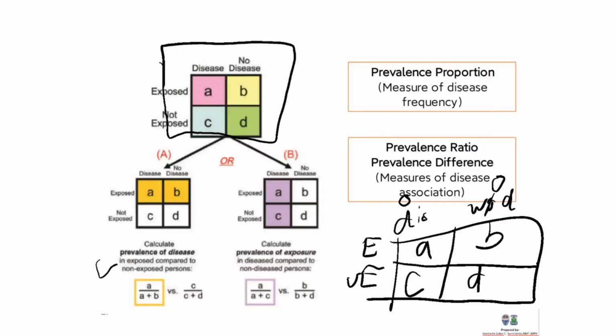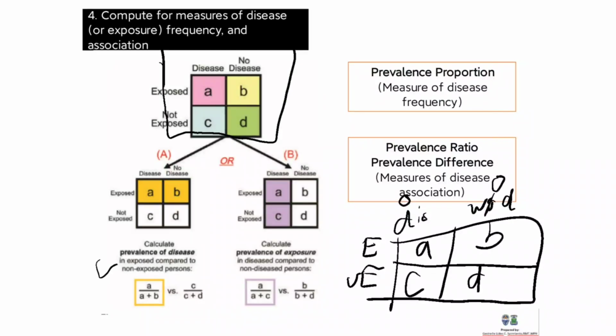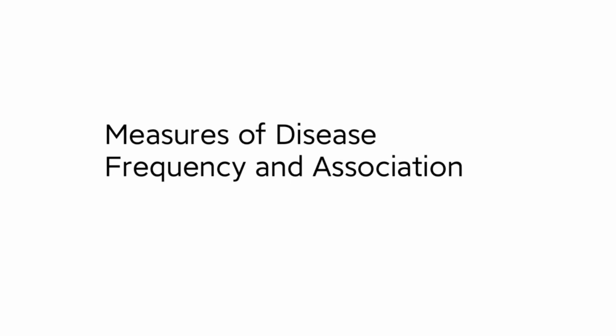So, A plus C versus B over B plus D. Okay? Okay, so this will be the last step. Compute for measures of disease or exposure, frequency, and association. So, measures of disease, frequency, or exposure, frequency, and association.